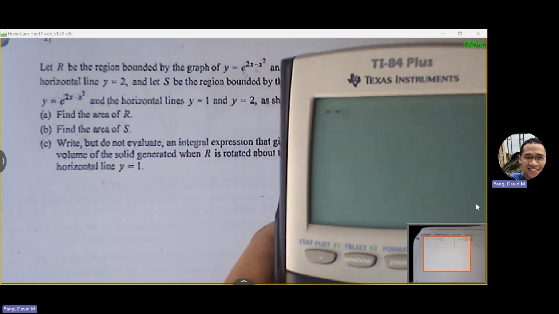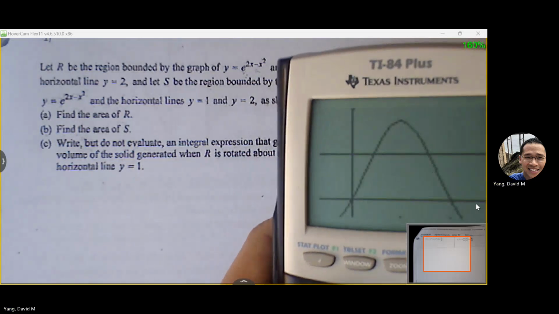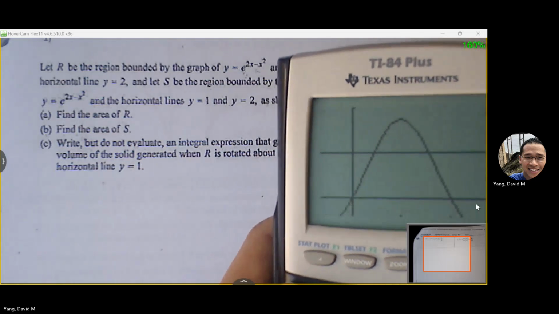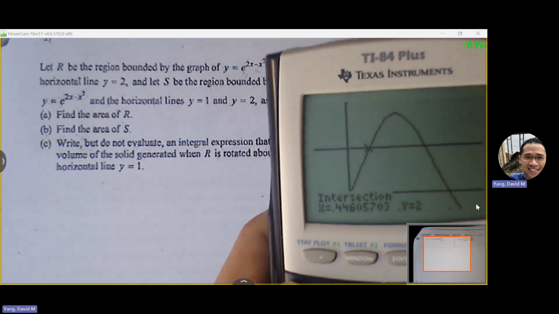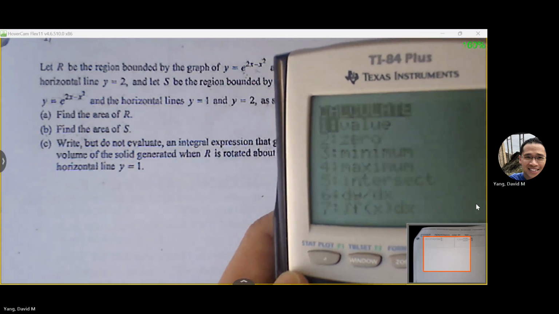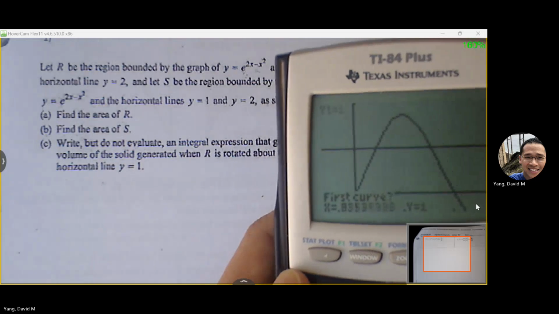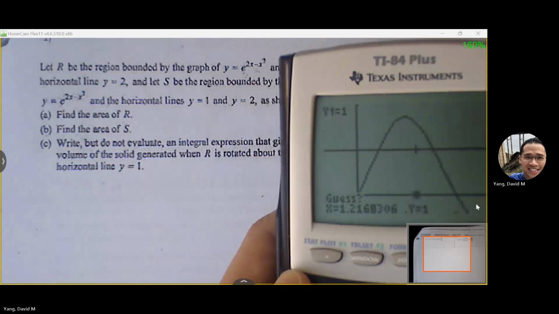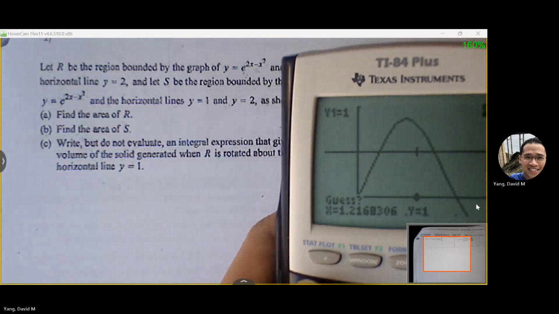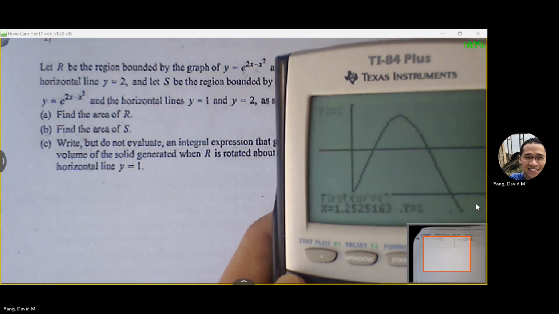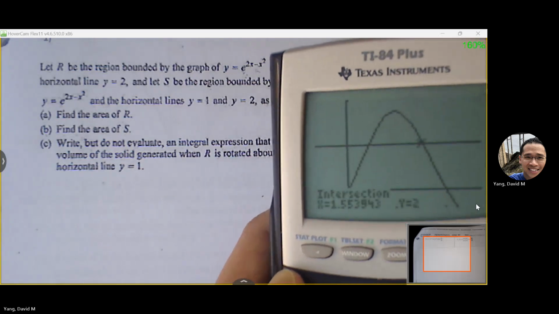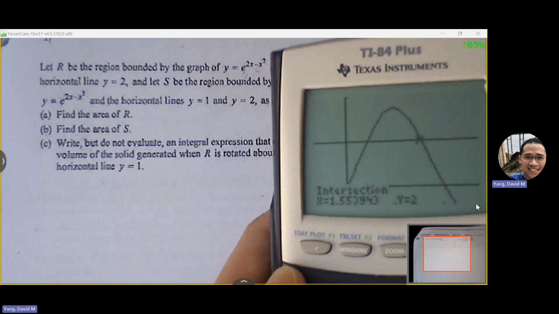Move close to your intercepts. I got 0.446. And 1.554.